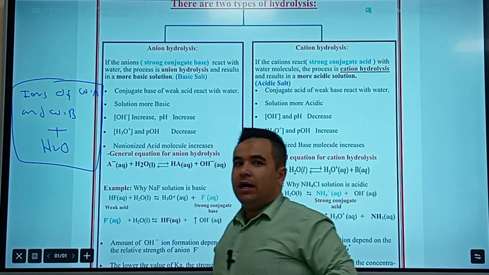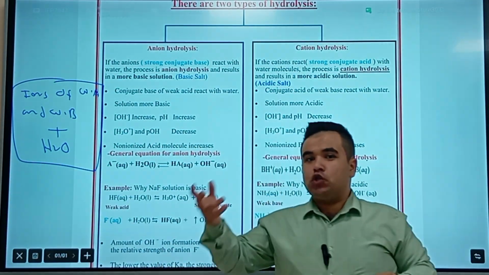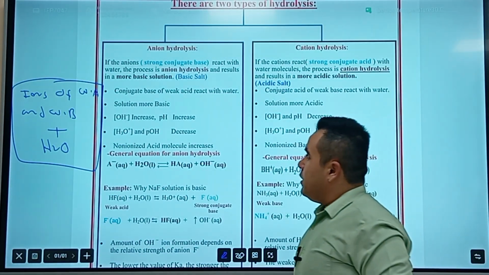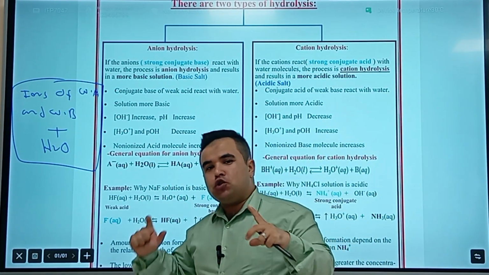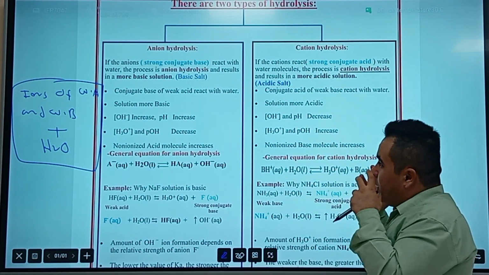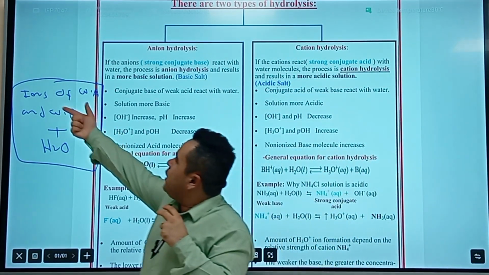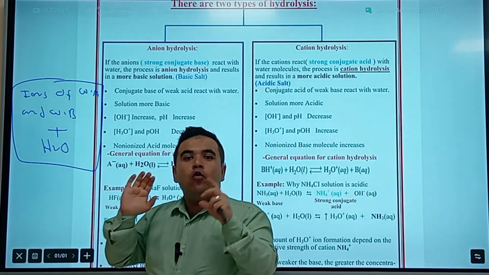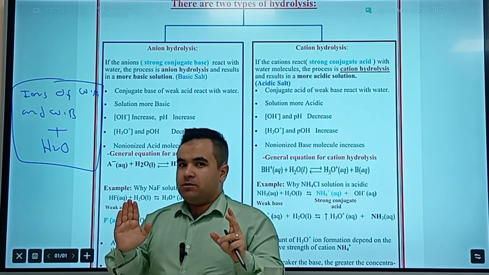And as you know, an ion from a weak acid is a strong conjugate base. We are talking about an anion. From the weak base, the cation is a strong conjugate acid. So here, the reaction of ions of weak acid and weak base with H2O is hydrolysis.